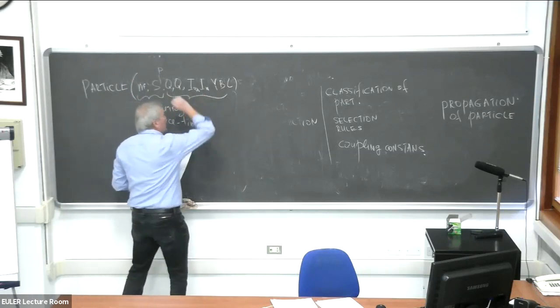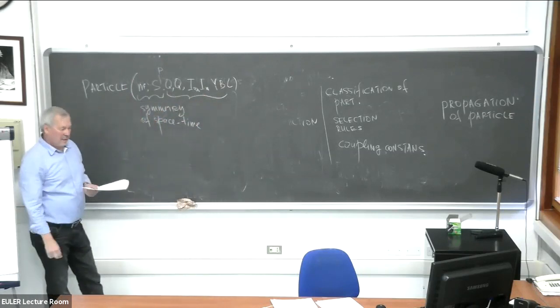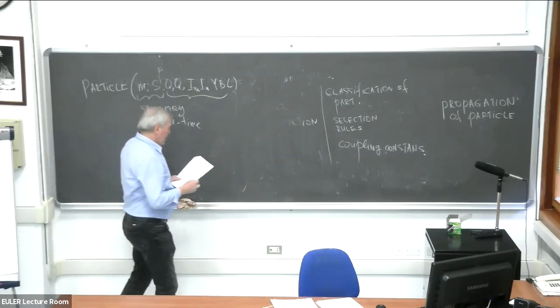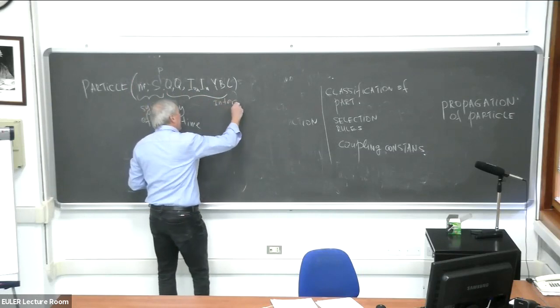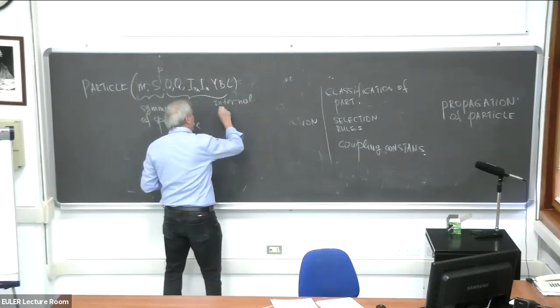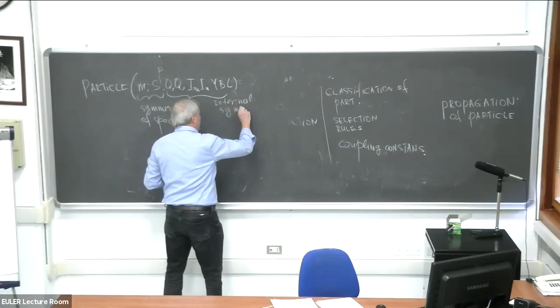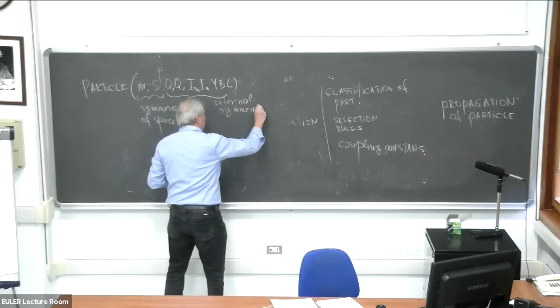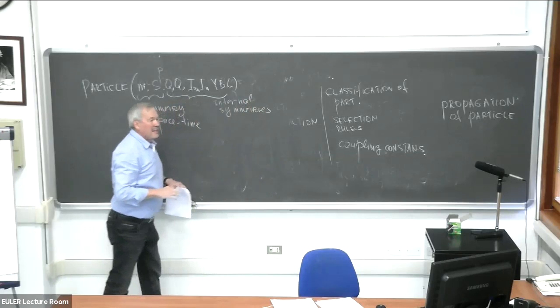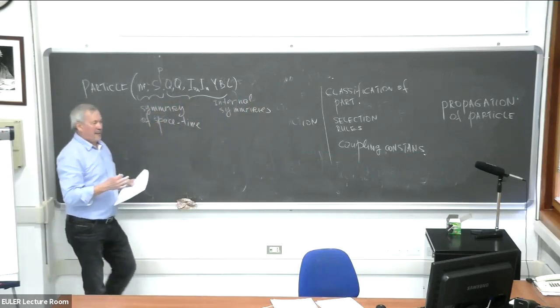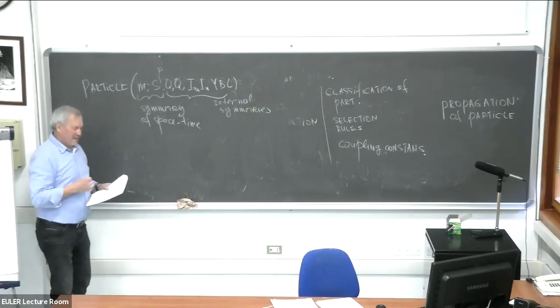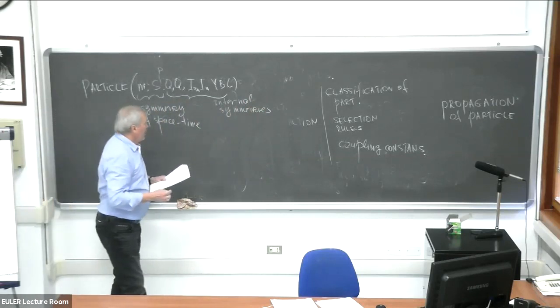These are so-called internal characteristics, and they're related to so-called internal symmetries, which are realized in internal space, in contrast to external space, the space of coordinates.